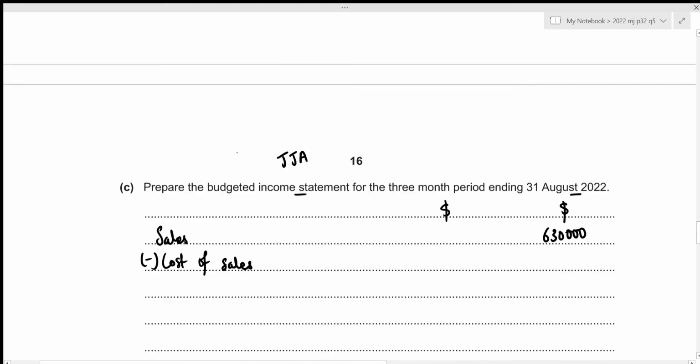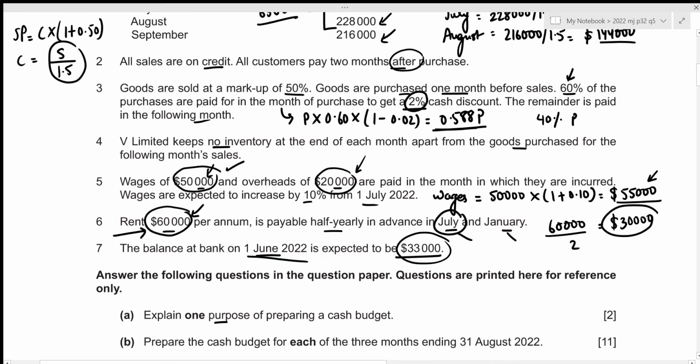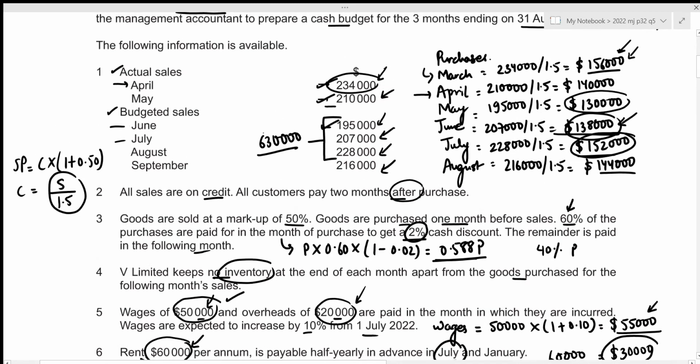Again, let's have a look above. We were told that there is to be no inventories, right? Which just means that there will be no closing inventory and opening inventory. So the only item in our cost of sales will be that of purchases. We have already figured out the purchases for these 3 months. And this might be a bit tricky because we are told that goods are purchased 1 month before sales. But we need to record the corresponding amount of purchases for the sales of 195,000, 207,000 and 228,000.